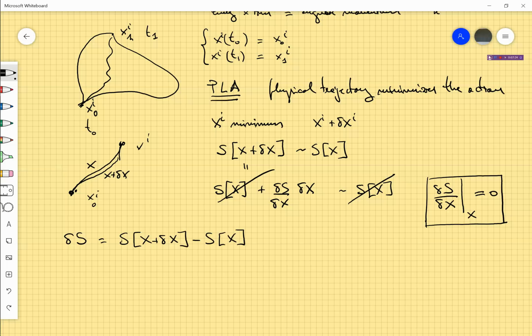This is how variations are taken in physics. Okay, and I will identify delta S over delta x as the term in this variation that is proportional to delta x. Okay, so let me just do this.